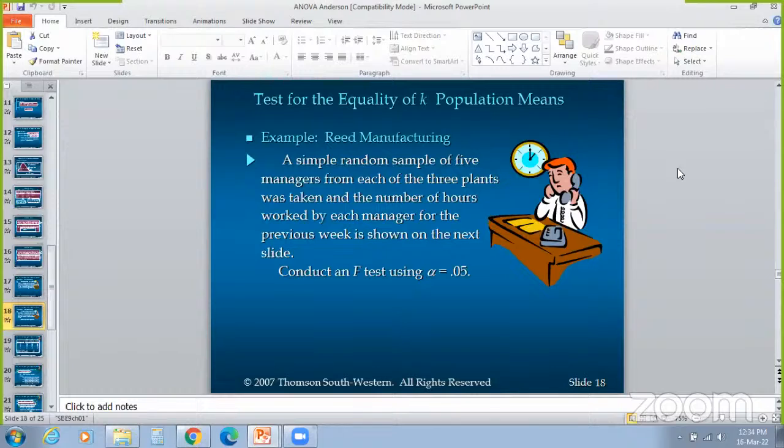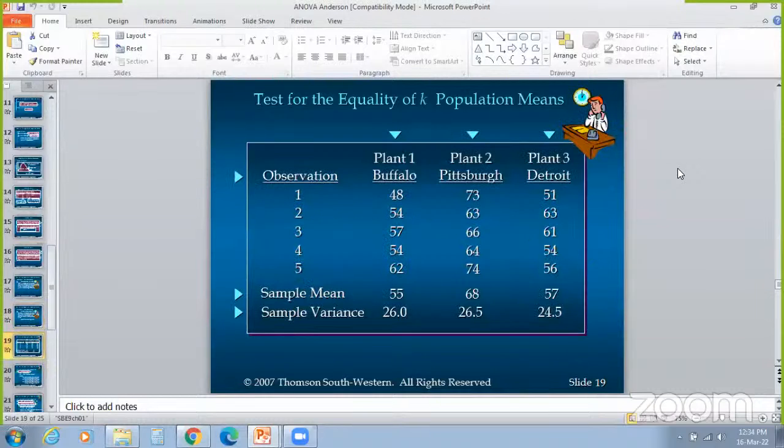For this, we have to select a simple random sample, meaning we select the managers using simple random sampling. Let us assume that 5 managers are randomly selected from each of the 3 plants, and the number of hours worked by these 5 managers is collected, and the information is given in the next table.